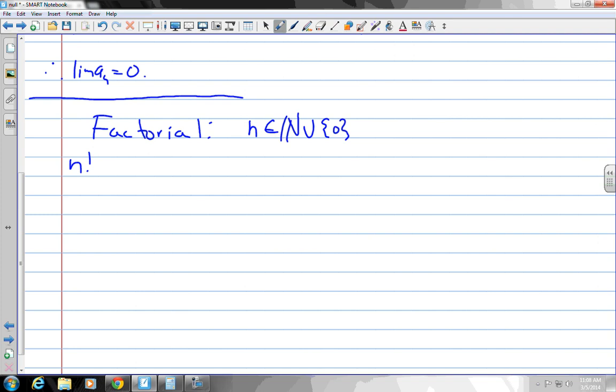Could be 0. But the definition of N factorial is the product of all consecutive integers from 1 through N. So that's a product of 1 times 2 times 3 times all the way to N minus 2, N minus 1, N. So it's a product of consecutive natural numbers from 1 through N. So for example, 6 factorial is 1 times 2 times 3 times 4 times 5 times 6.